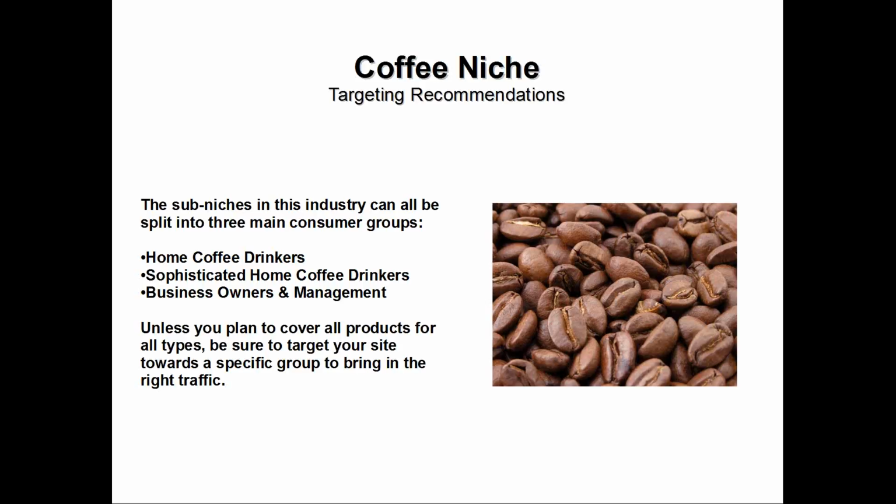But you will have your mom and pop restaurant owners that might need to get a new coffee brewer, or maybe they're starting up a restaurant and they need to order one, and they might be doing a lot of their ordering online trying to save some money. So think about who you're trying to go after, and again, make sure you are keeping that focus as narrow as possible.